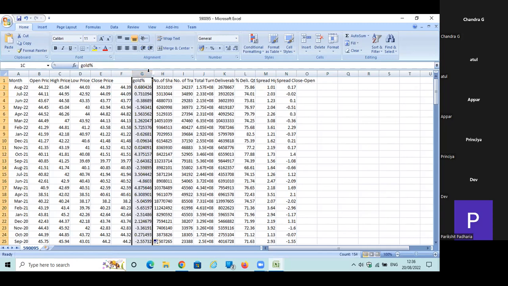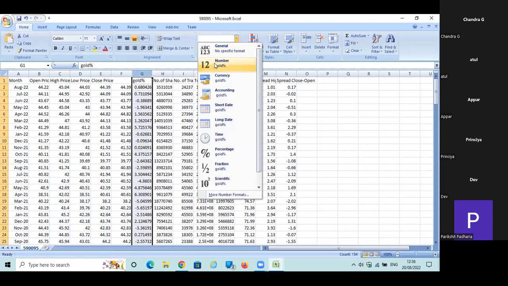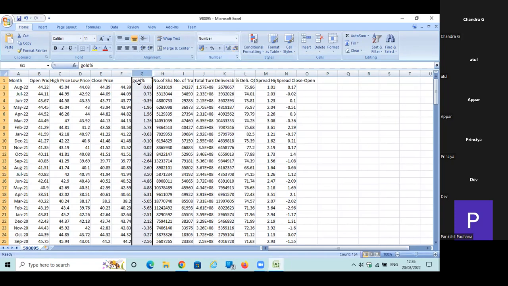Now get this data. Copy. Actually, I had to copy only from July. Or delete August. Delete August.